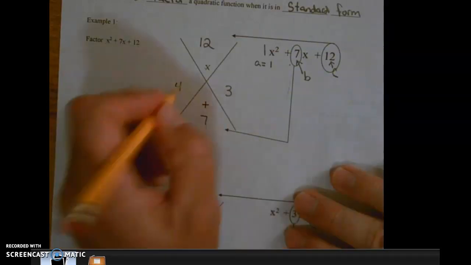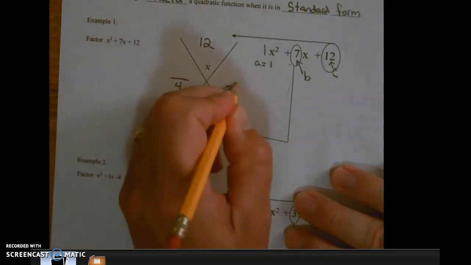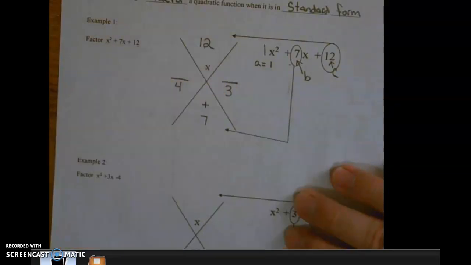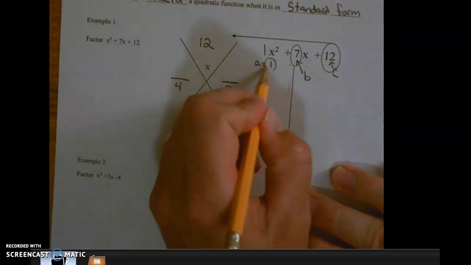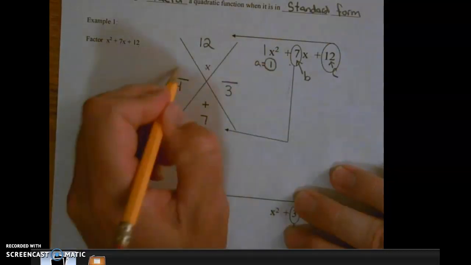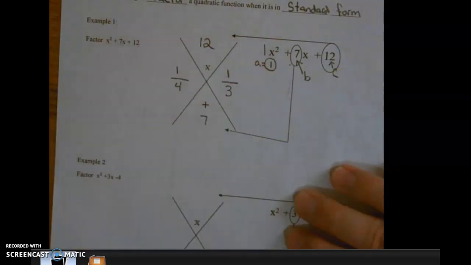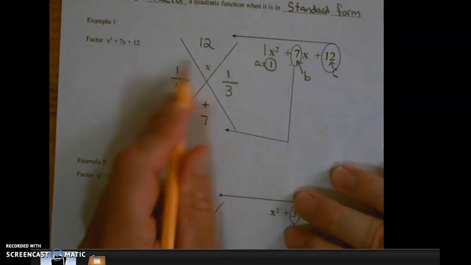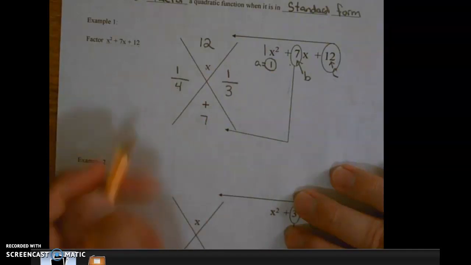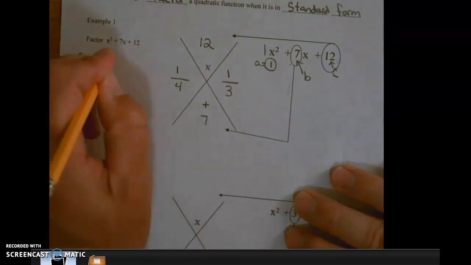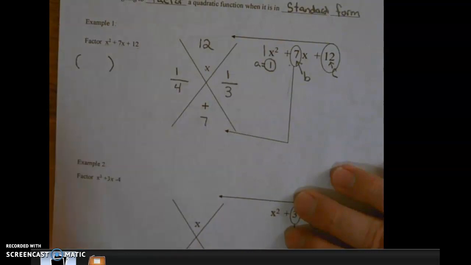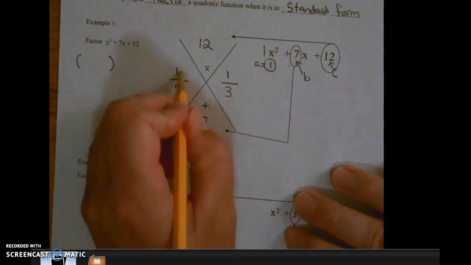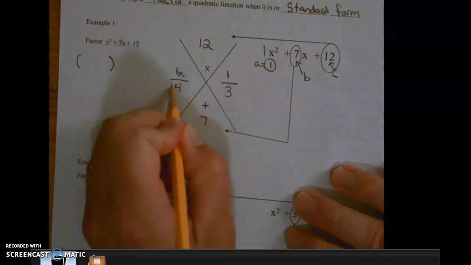The next thing you're going to want to do is draw a fraction line on top of each. And the a value, in this case, is 1. That's going to go on top. Some teachers teach it the other way around. I prefer it like this. All right, we're ready to write our factors. So our first factor is going to be 1x plus 4.